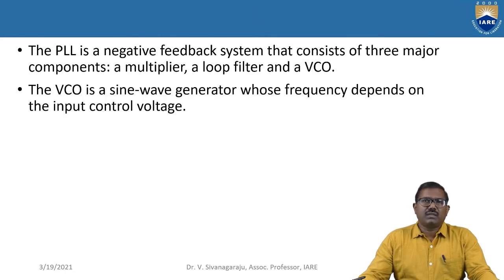The PLL, simply called the phase lock loop, is a negative feedback system that consists of three major components: a multiplier, a loop filter, and a VCO. As already discussed, the VCO is a sine wave generator whose frequency depends on the input control voltage.